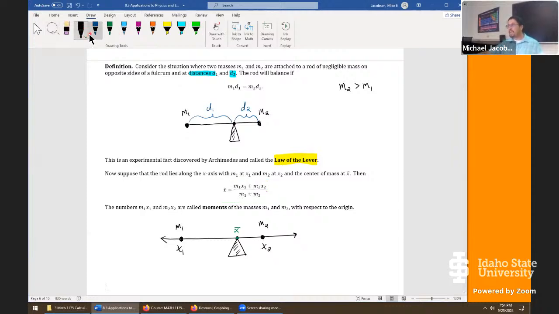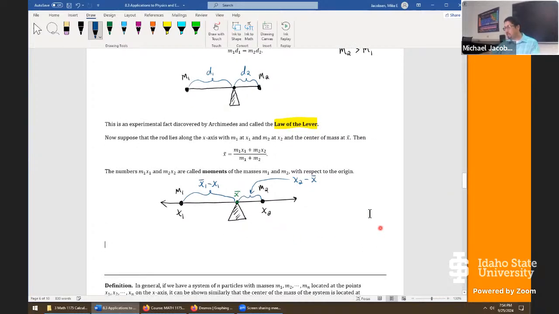What we need to convey are those actual distances. The distance from here to here would be x bar minus x1. The distance from here to here, let's use the arrow strategy, would be x2 minus x bar. So we do in fact have distances.